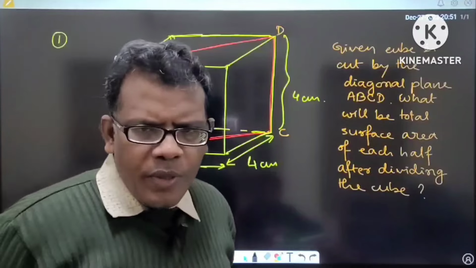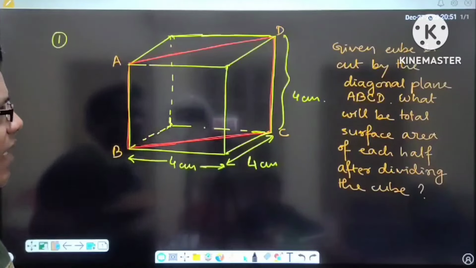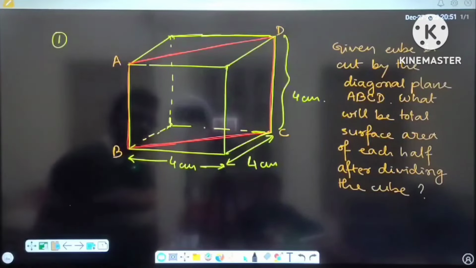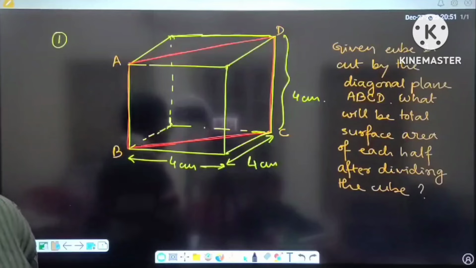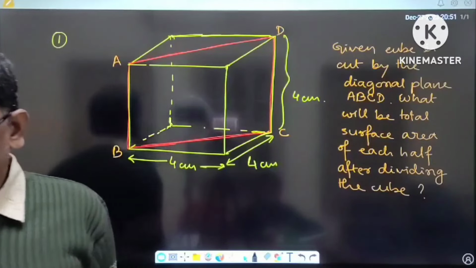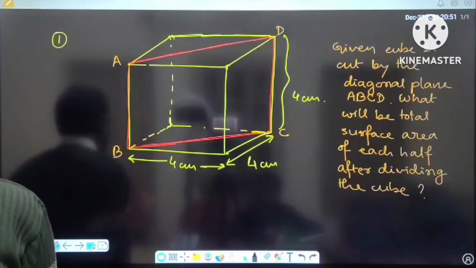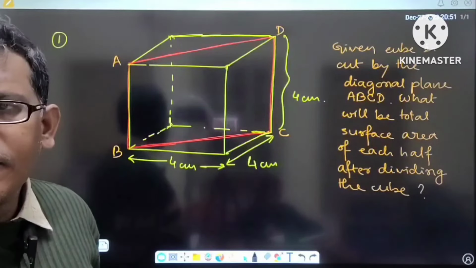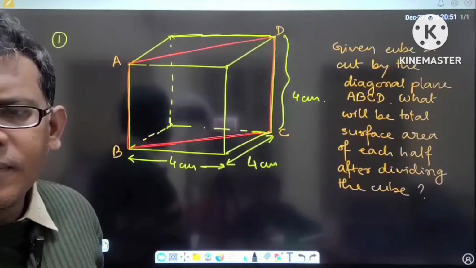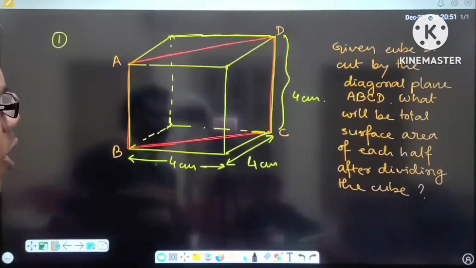But once the cube is cut by the diagonal plane, which I have marked as ABCD, do you think the newly formed two portions possess all identical surface areas? There will be 3 squares and 2 triangles.